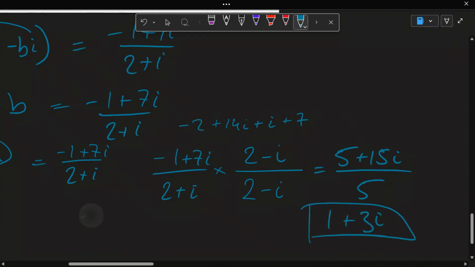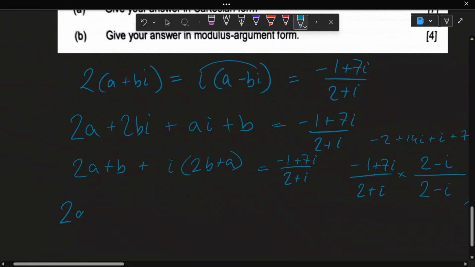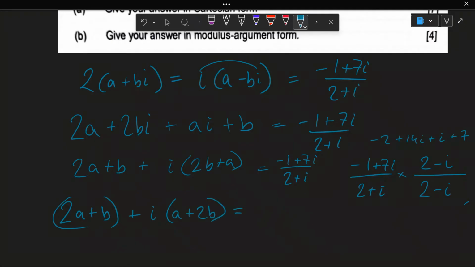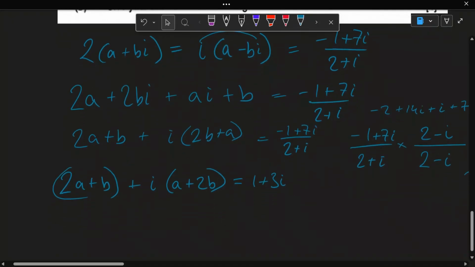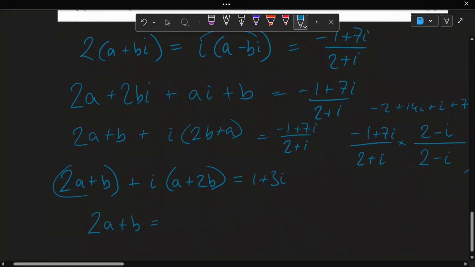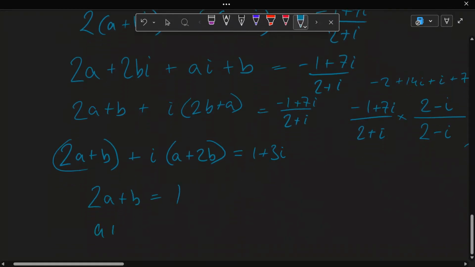Fine, that is perfect. Because now what we have here, 2a plus b, plus i(a plus 2b), equals 1 plus 3i. What we have here is just simultaneous equations. You have the real component and the imaginary component. 2a plus b equals 1. a plus 2b equals 3.